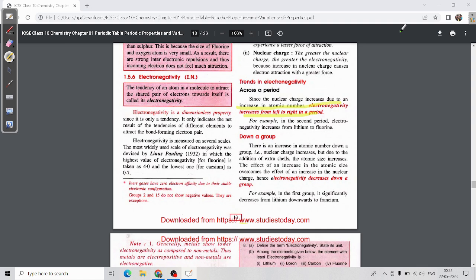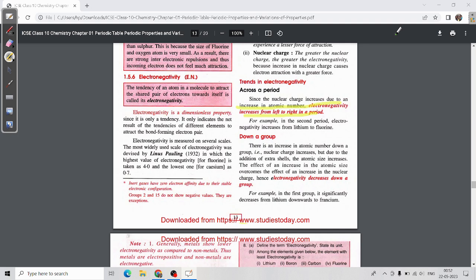Okay, and down a group, electronegativity decreases, because the nuclear charge doesn't have an effect on the last outermost shell.